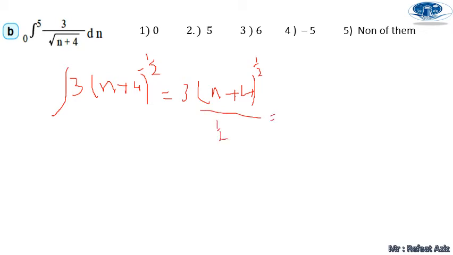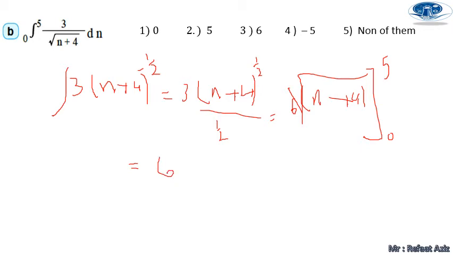Then it will be 6 times root of (n + 4), from 0 to 5. Then substitute: 6 root (5 + 4), which is 9, minus 6 root (0 + 4), which is 4.